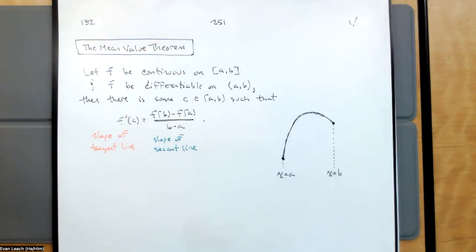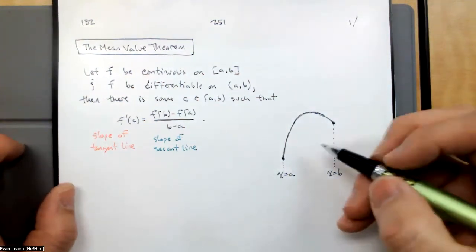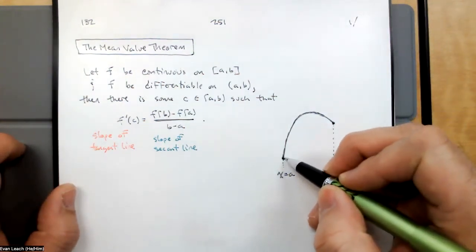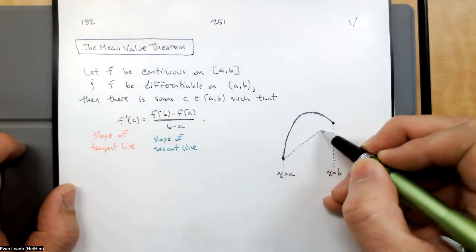So here's a continuous function on the interval from a to b. This is a differentiable function on the interval from a to b. We've got no sharp corners on the open interval. The secant line is the line connecting these two endpoints.